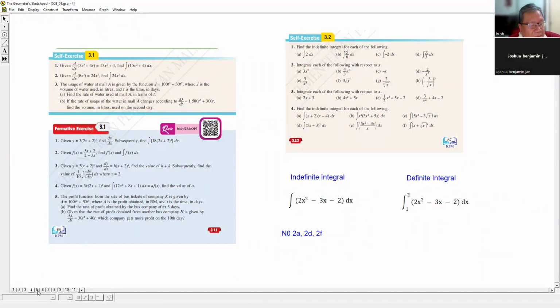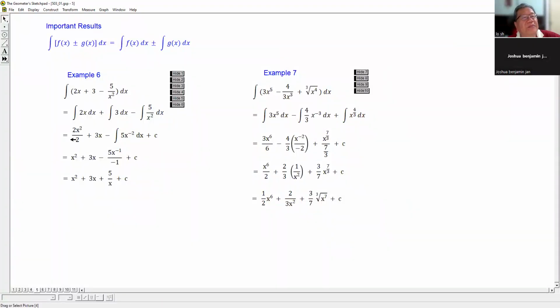So I carry on and see what we have here. What I want to tell you is one important result. If we have two functions, f and g, where f can be a term or a function, meaning an expression with many terms, then integrating f plus g is the same as integrating the function f, plus integrating the function g.